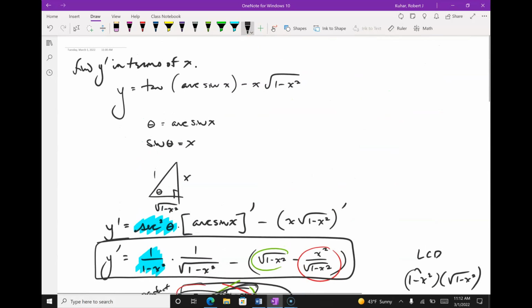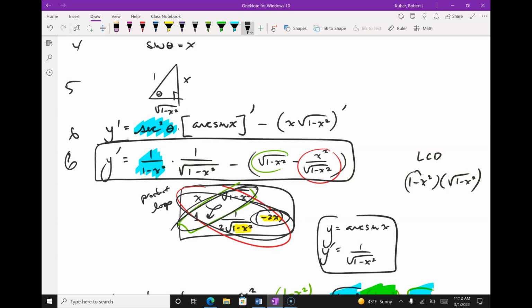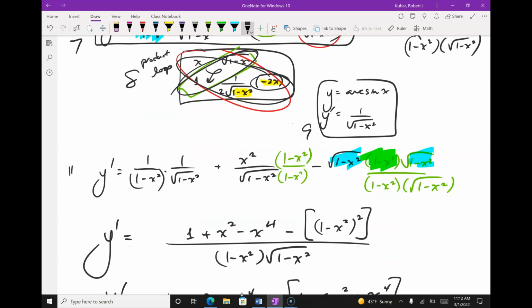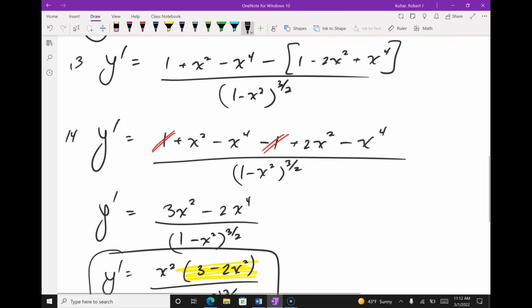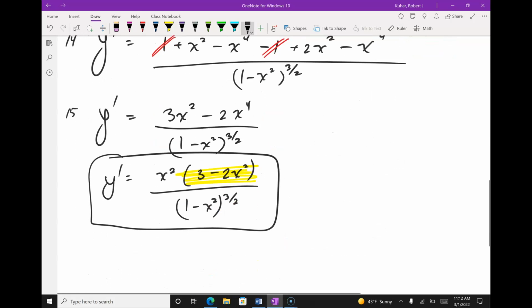Let me number. Remember when I was saying some problems take a couple pages?